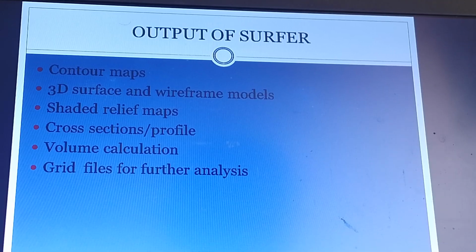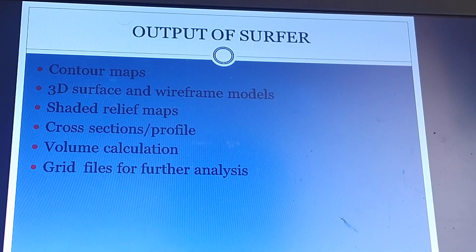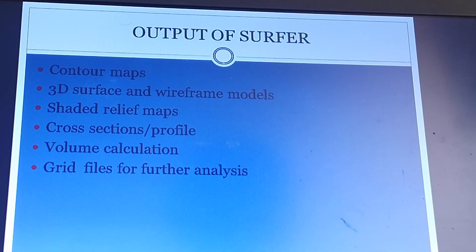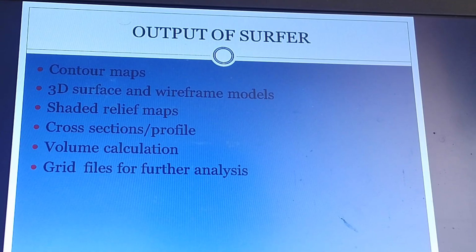And with a wireframe, it shows the surface as a mesh or grid network, often combined with color shading. Used for geological interpretations, terrain visualization, and reports. You can't leave out reports, because there should be a report for your computations, right?